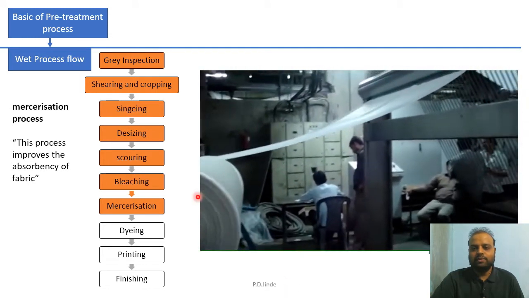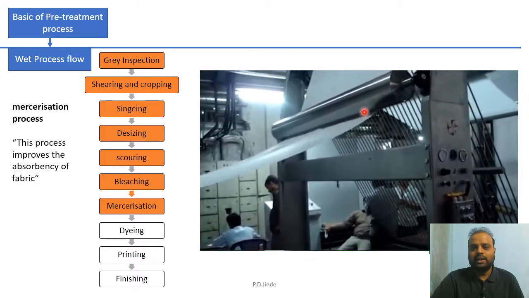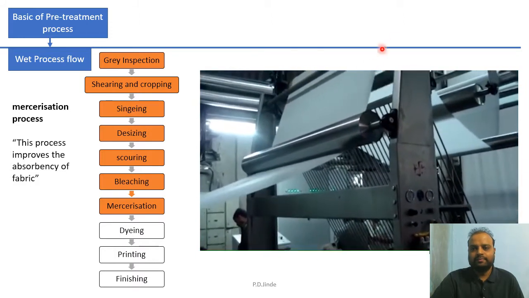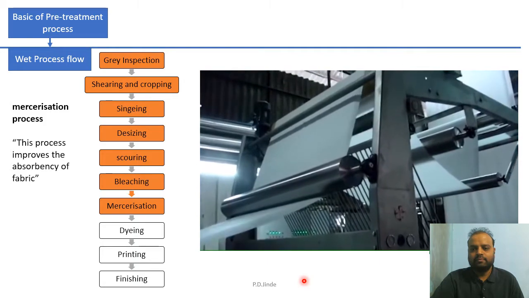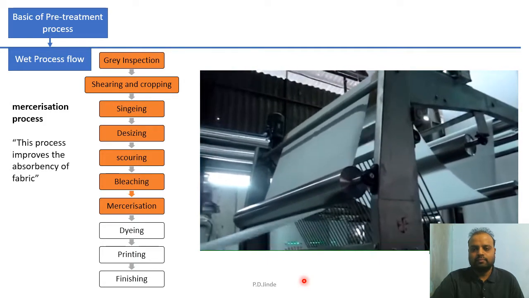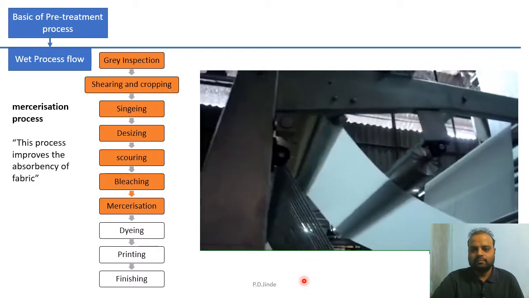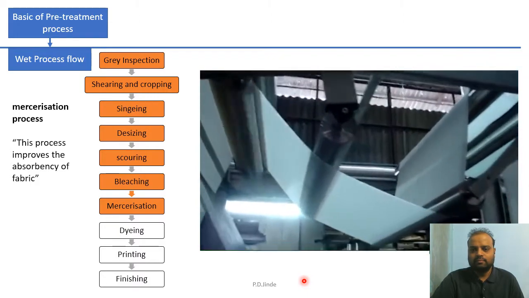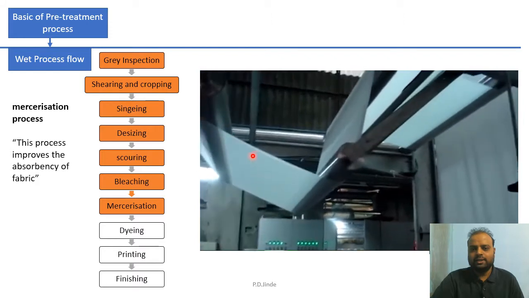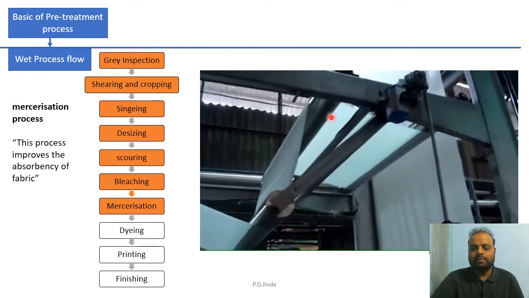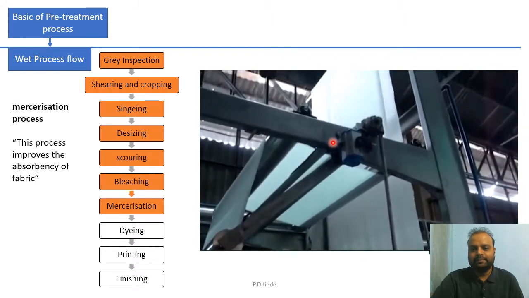This is bleached fabric, passes over the guide rollers. You can see how systematically the rollers guide this fabric. This is bleached fabric.